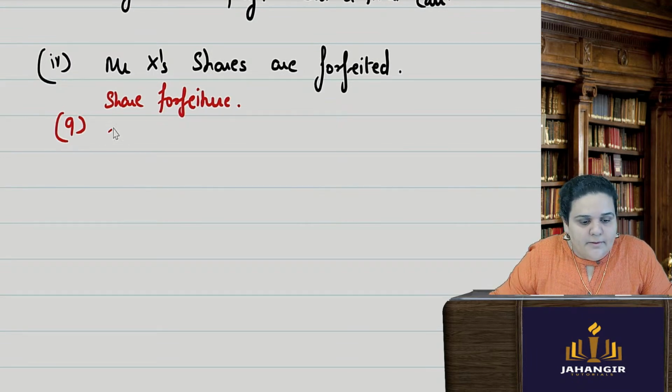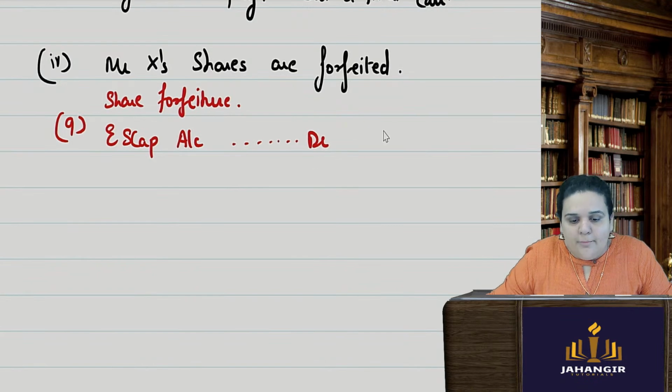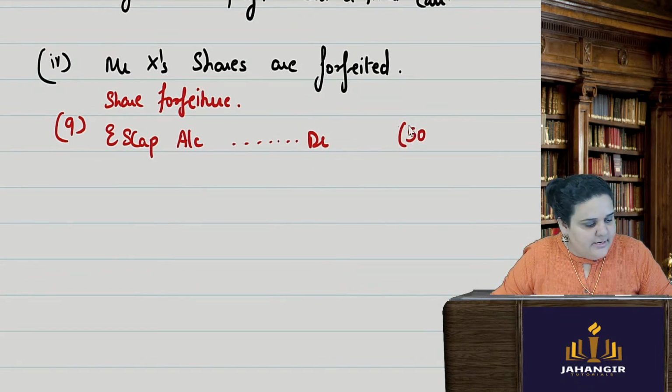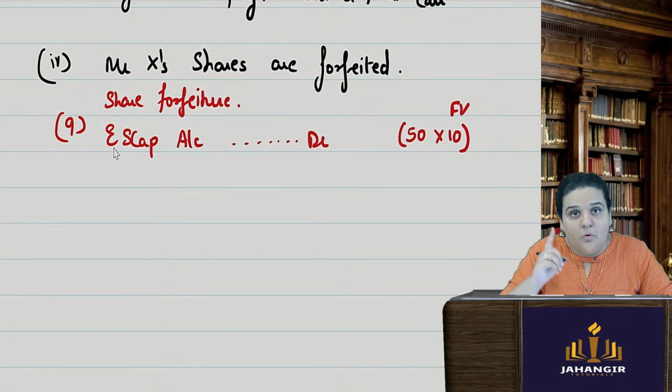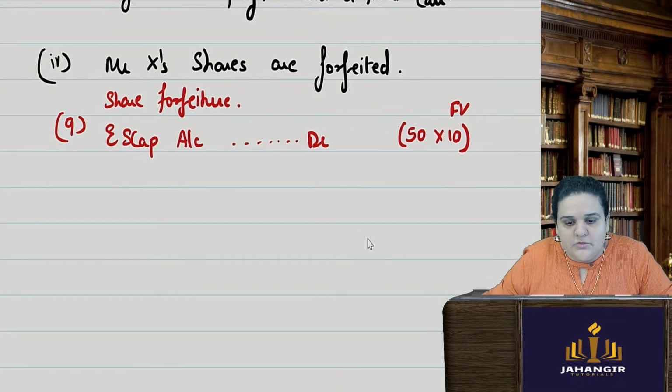So here it will be equity share capital account debit. How many shares? 50. What is the face value of that share? 10 rupees. Equity share capital is always at face value. So here it is going to be 500 rupees.